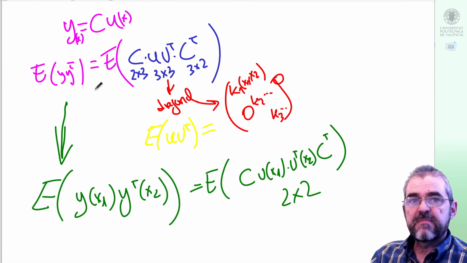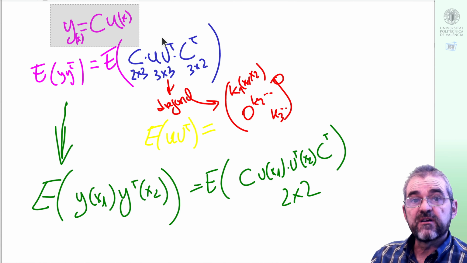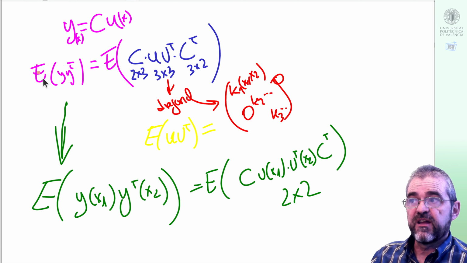As I said, my statistical model was built on the assumption that I had some internal latent components that could not be directly observed, and I only observed those components multiplied by a matrix C, maybe with some measurement noise. Then the covariance of the observable outputs, which I used for output prediction, output smoothing, let's say, will be the covariance of y y transposed, where y is Cu, so y transposed is u transposed C transposed.